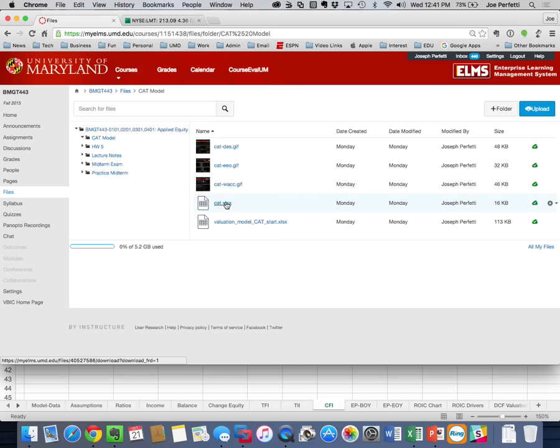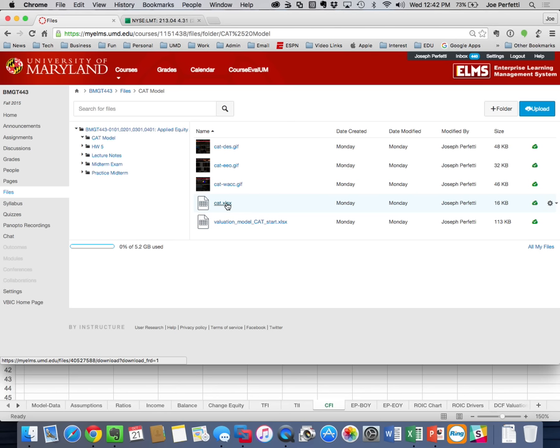That's this file, cat.xlsx. What this cat file represents is the data from Bloomberg that was exported that we're using to do our valuation of the company in a standardized way.